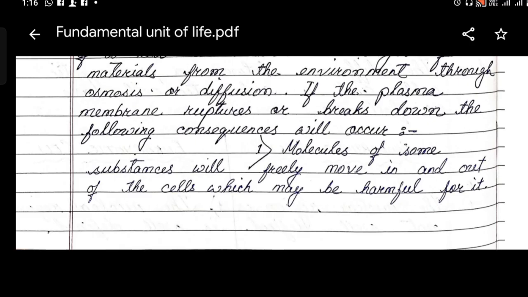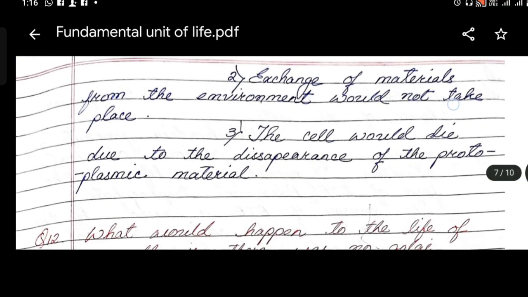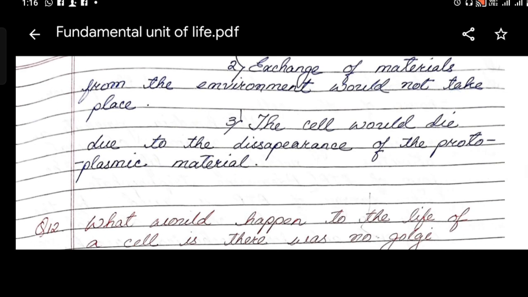Molecules of some substances will freely move in and out of the cell, which may be harmful for it. 2. Exchange of materials from the environment would not take place. 3. The cell would die due to the disappearance of the protoplasmic material.